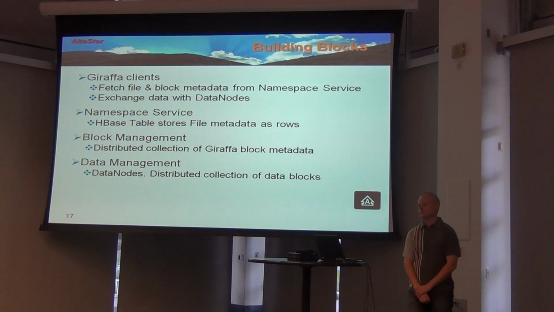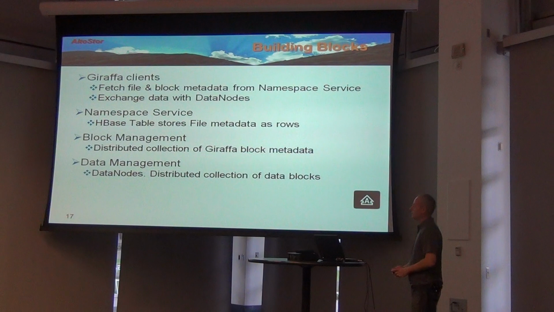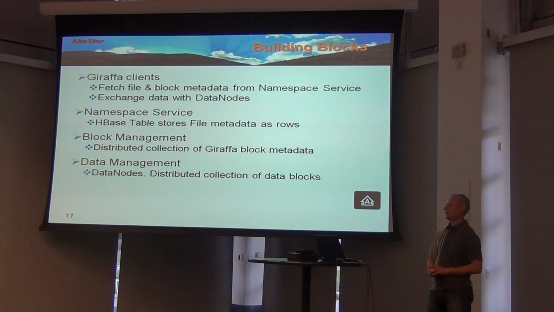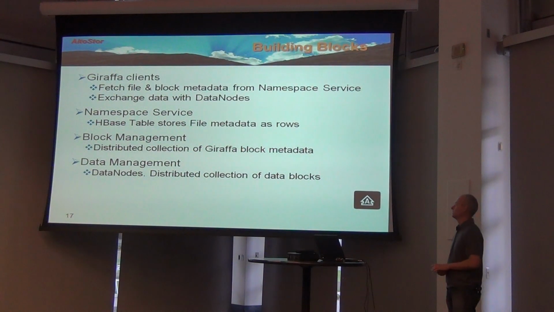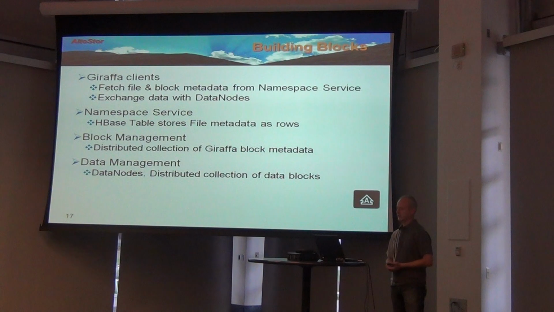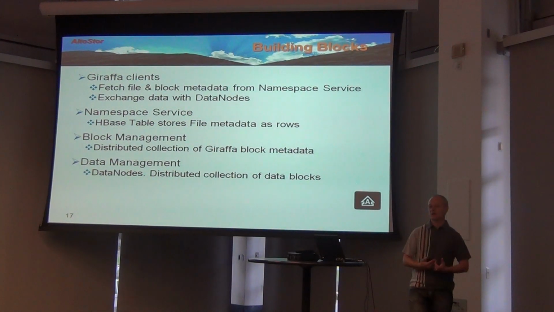There are four building blocks for Giraffa. The Giraffa client fetches metadata from the namespace service and streams data from or to a data node. The namespace service is basically a big table with rows.